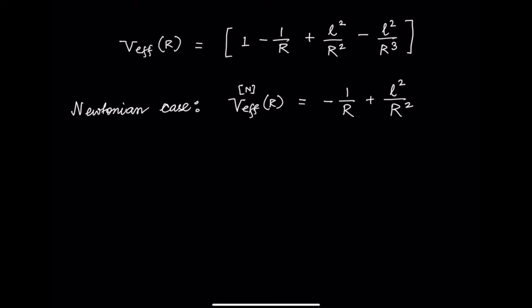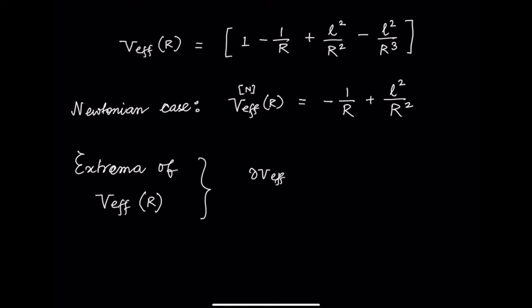If you look at V effective and calculate the extrema of V effective, that is a good way of knowing how V effective looks as a function of R. You can just use a computer nowadays and plot, but this is also a good method and gives you more insight, of course.